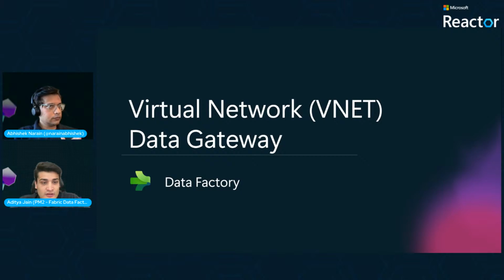And we saw how you can manage your gateways using PowerShell scripts, and how its scalability, high availability and reliability features can help you ensure that there is zero downtime on the gateways, all of this while enabling secure data transfer. So now let's look at another key data gateway capability: virtual network. Abhishek, I'll pass the mic back to you if you would like to take it forward.